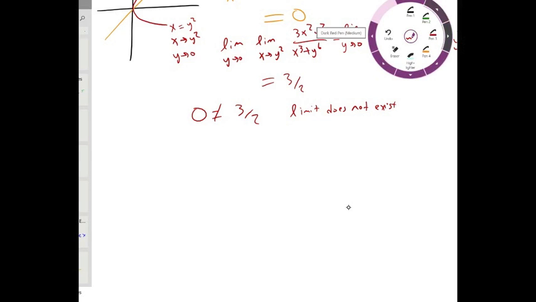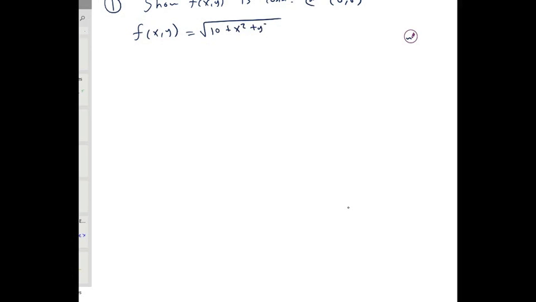So now we'll do some continuity examples. Example 1 for continuity. We want to show f of xy is continuous at 0, 0, and we have f of xy equals square root of 10 plus x squared plus y squared.